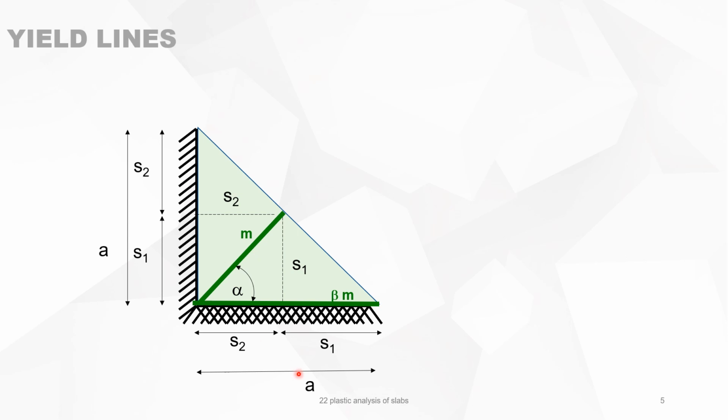Then the geometry is just A, the size A of the slab. You can also make the same exercise with the sizes A and B, but it's in principle the same. And we have the distances S2 and S1.